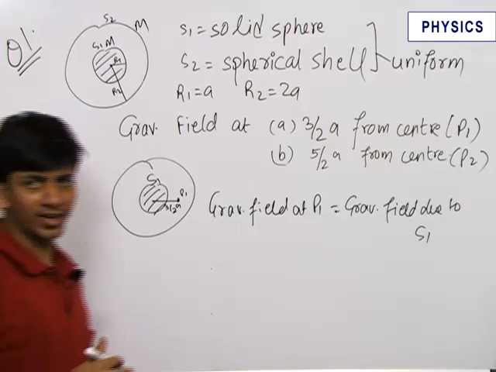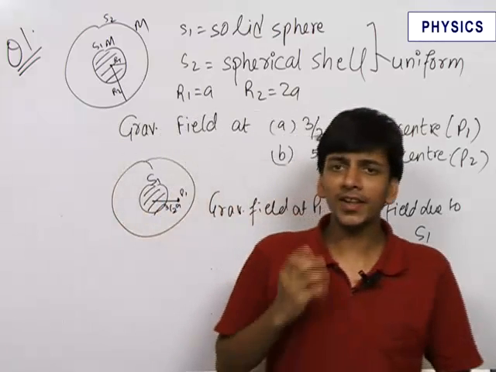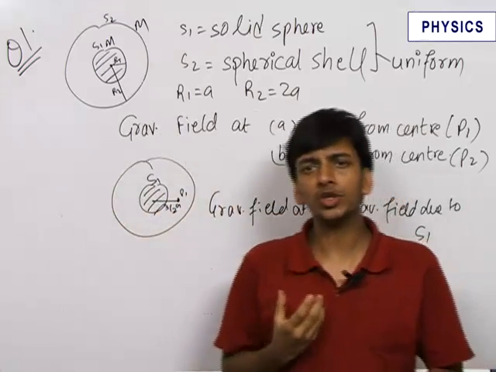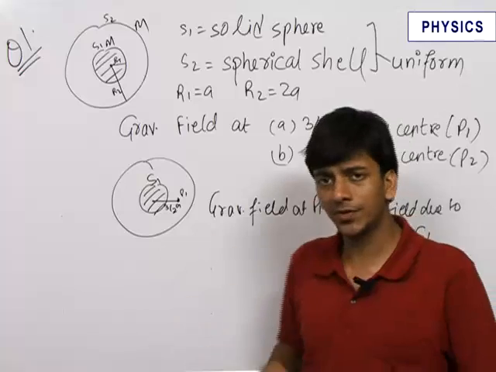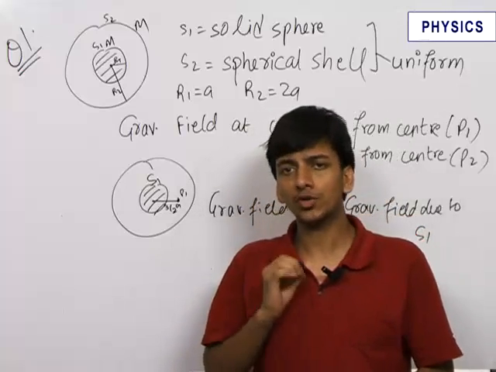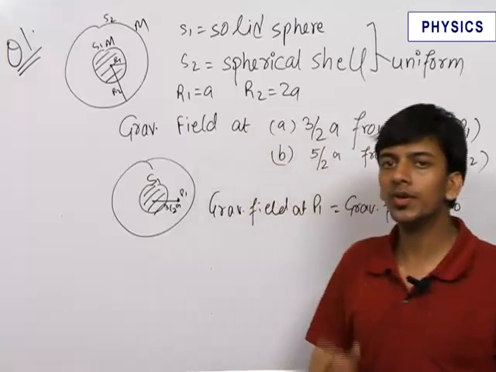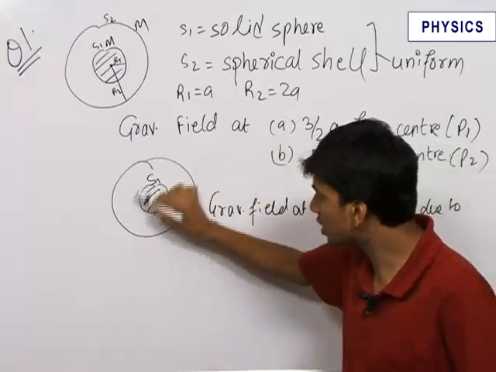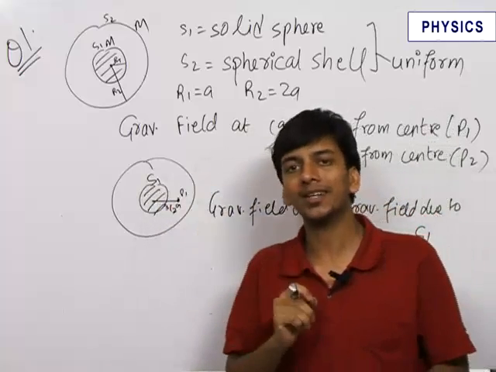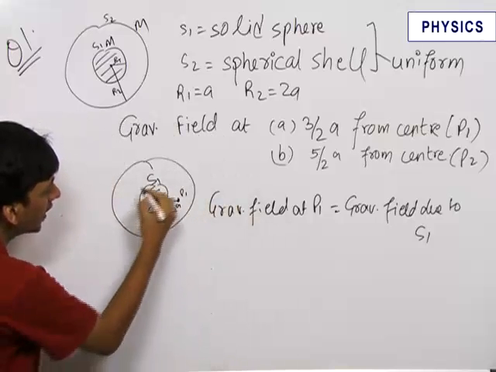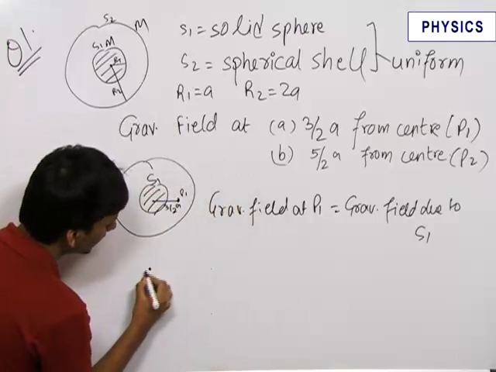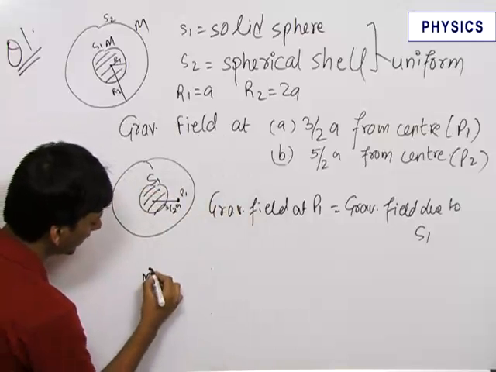Now you must know one trick: a spherical object which has uniformly distributed mass, whether it be a solid sphere or a uniform thin spherical shell, for all points outside the sphere, it can be assumed to be a point mass equivalent to the mass of the object kept at its center. So this whole sphere, for a point outside the sphere, can be replaced by a point mass m kept at the center.